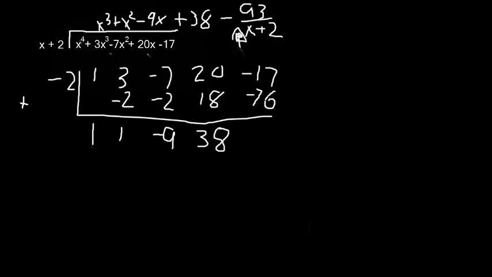And then negative 17 plus negative 76, so negative 17 minus 76. And then you get a minus 93, and you can see how these are related. Coefficient of 1, 1, coefficient of 1, negative 9, negative 9, so on.